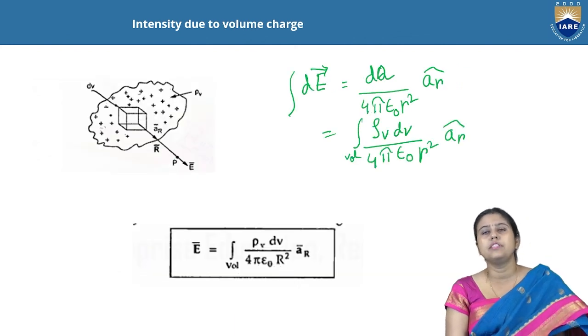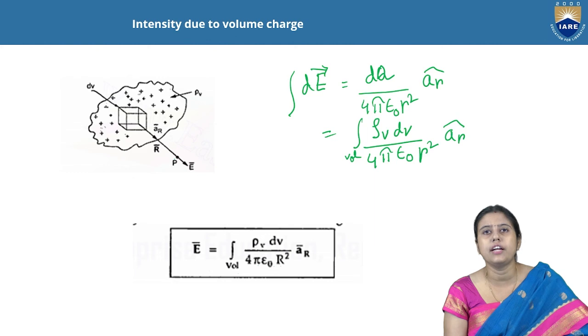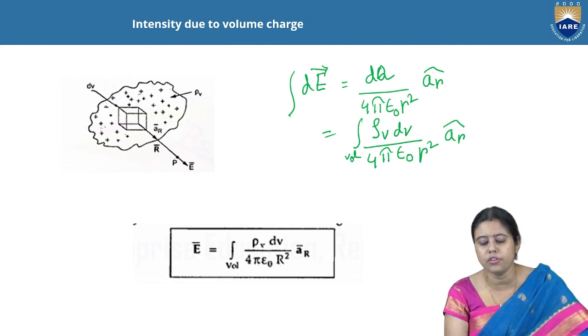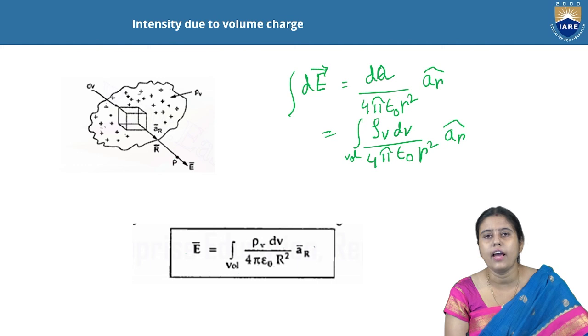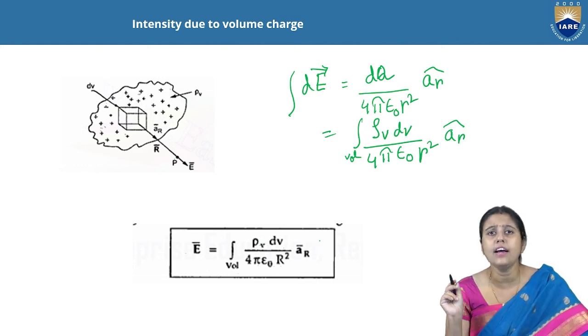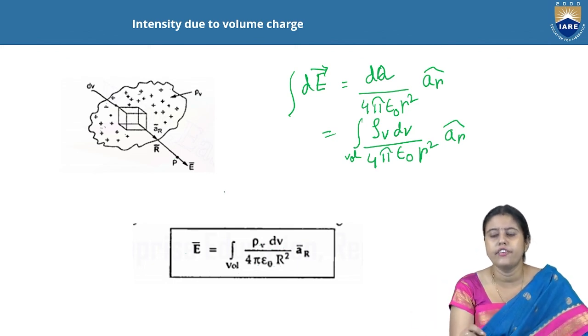And last, we have discussed about the volume charge density. Rho v dv, and intensity is rho v dv by 4 pi epsilon 0 r square. And what is aR? aR is the direction or unit vector along the radius.